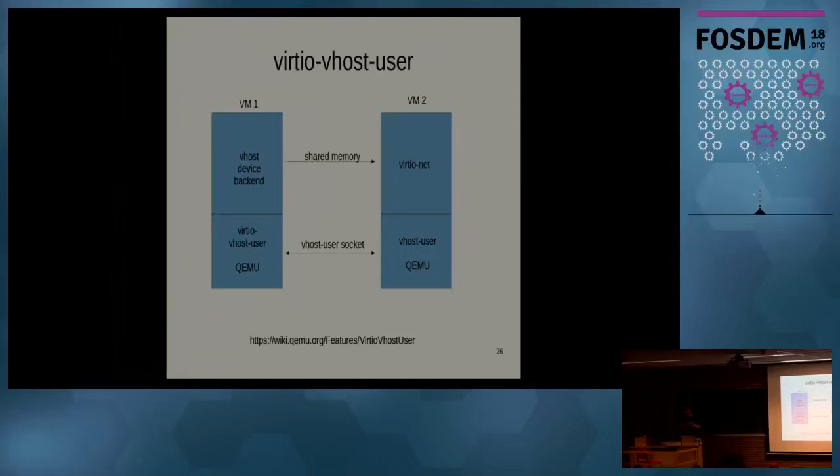And the vhost device backend vrings are accessed through shared memory and do not require vhost user messages to be exchanged in the data path. So no VM exits are taken here. When poll mode is used, of course, not at all. But even when interrupts are used, QEMU is not involved because we can use the lightweight ioeventfd VM exits.